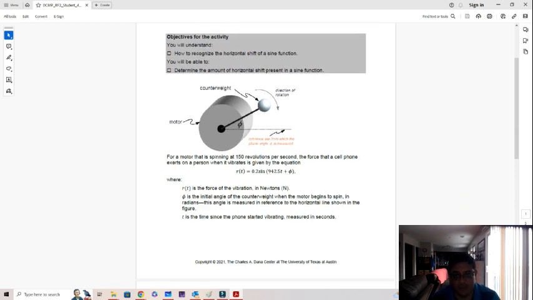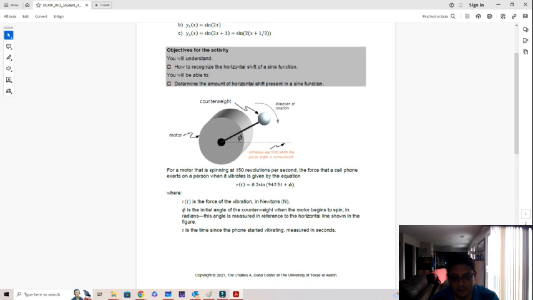Now, in the context that we're going to be using here, we have a motor that has a spinning of 150 revolutions per second, and is measuring the force that a cell phone exerts over the person when it vibrates. So here, this motor force is measured by R of t equals 0.2 sine of 942.5 t plus a certain phase, with R of t the force of the vibration in newtons.